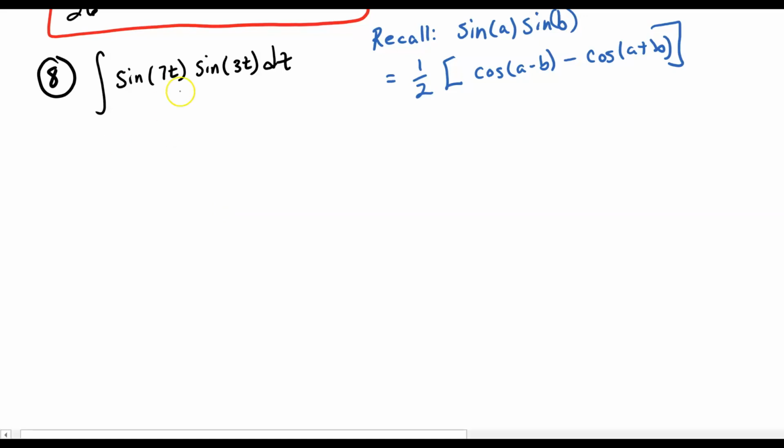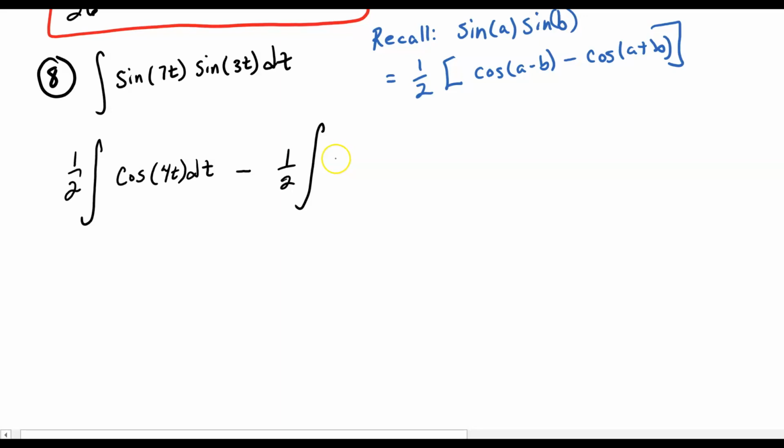Let's continue. I'm going to rewrite this integral as 1/2. And I learned my lesson from the last time. So I'm going to write it first as the cosine of a minus b. So it's cosine of 7 minus 3, which is 4t dt, minus, I'm going to put another half. I'm already breaking it up just to simplify it a little bit.